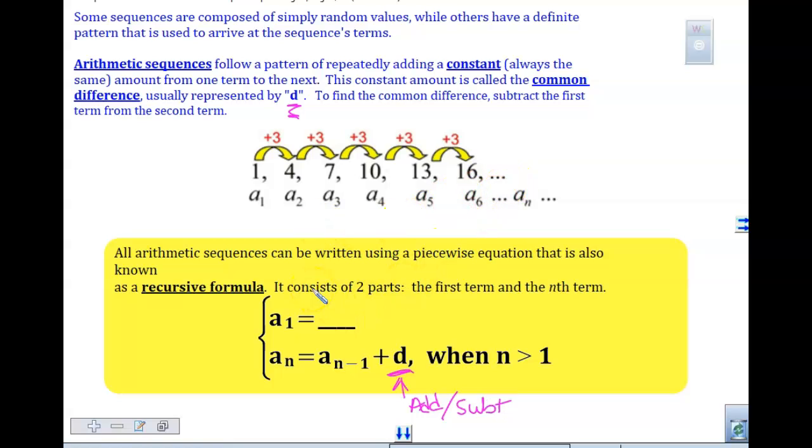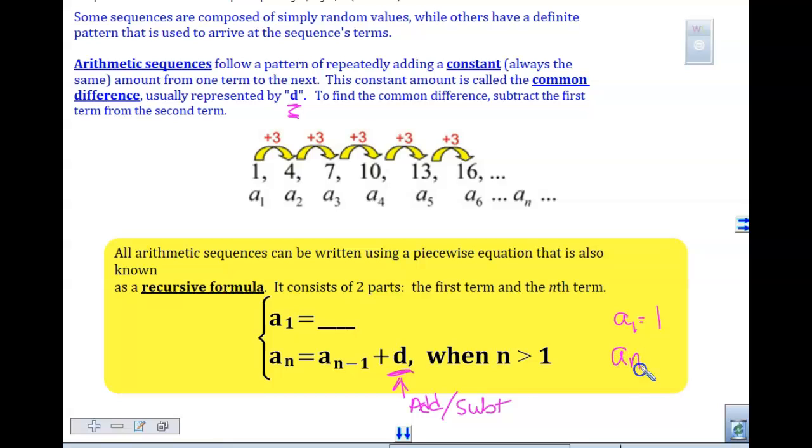So if I was looking at this sequence that's written right above here, and we are asked to write this one, I could write this one as A sub 1 is equal to what, Grace, as I'm looking at that? What's my first term? 1.